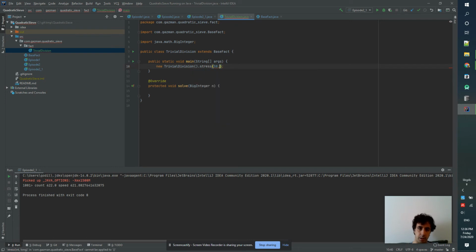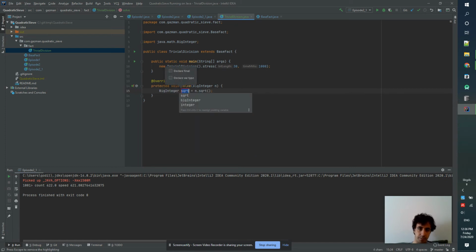Stress 30 for 1 second. And the algorithm is going to be, let's start with square root of n and keep going up until we find a solution.